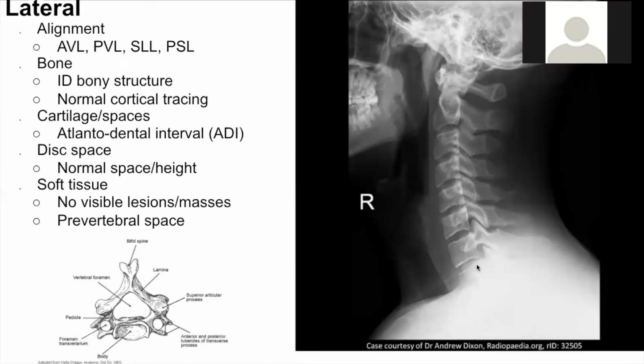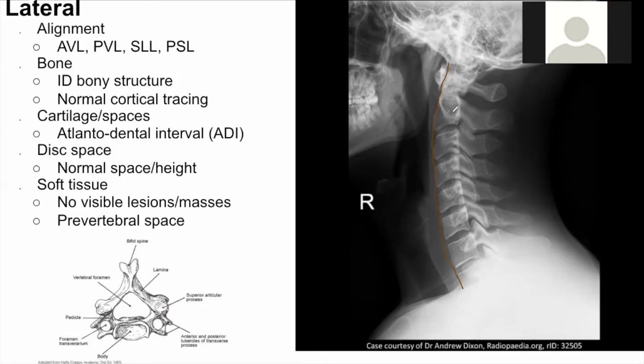And first I want to start with the alignment, and there are 4 alignment lines. Let me just draw this for you guys here. So first is the AVL, which is the anterior vertebral line. Sorry, it's a little curved towards the bottom, but it's not going to be straight up and down. It's going to have a normal lordotic curvature. And that's the anterior longitudinal ligament.